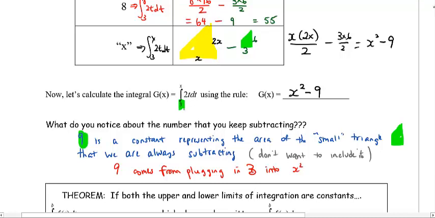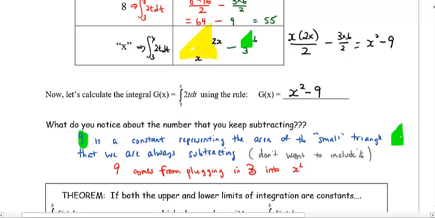In the previous supplement, or for those in the AB class, that number here was 0. So if we plugged in 0 squared, that's still 0. We're not subtracting anything. It's at 0. But now we're plugging in 3. 3 squared is 9. We have to subtract that area of 9.